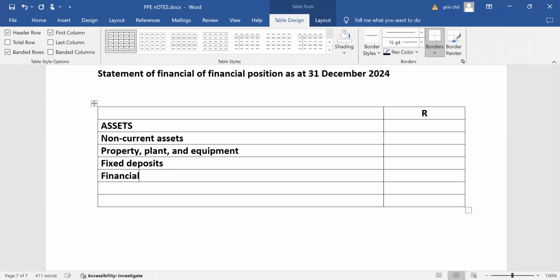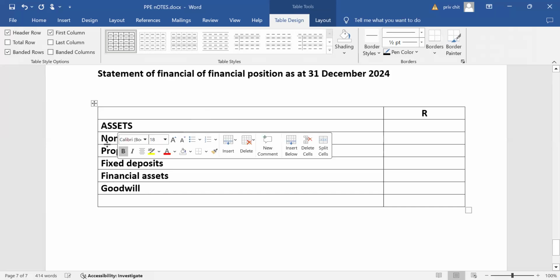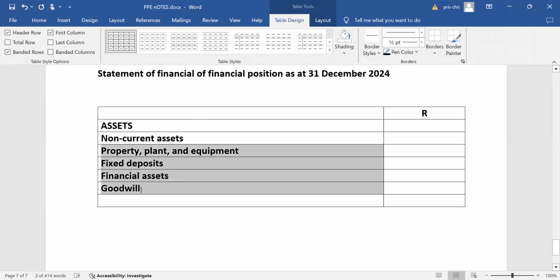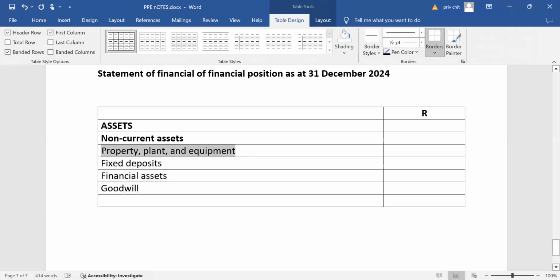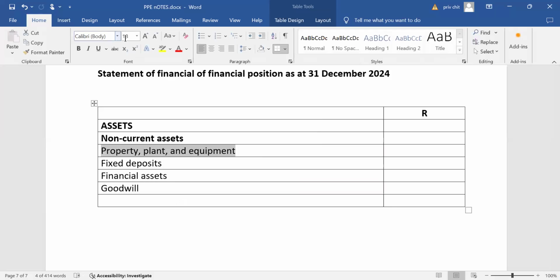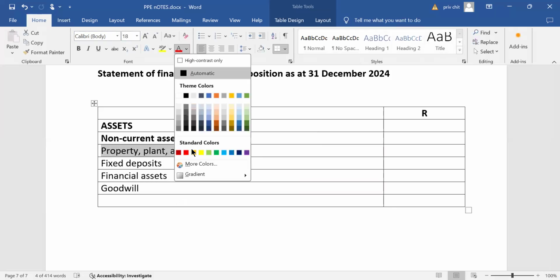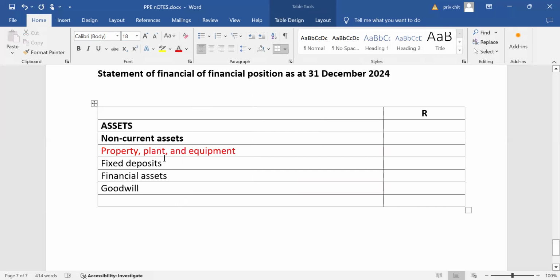If there are any financial assets, this is where they need to be disclosed, as well as goodwill. I'm talking about non-current assets right there. But my special focus, because I'm dealing with property, plant, and equipment, is on that particular line item. So you may not need to worry so much as yet about these other line items.